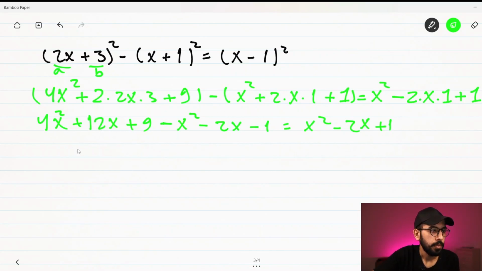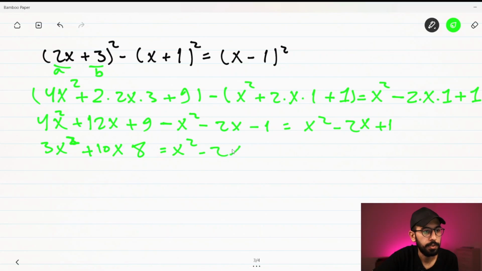Now let's solve this one here. 4x squared minus x squared is 3x squared. 12x minus 2x is 10x. 9 minus 1 is 8, and equal to this one's x squared minus 2x plus 1.